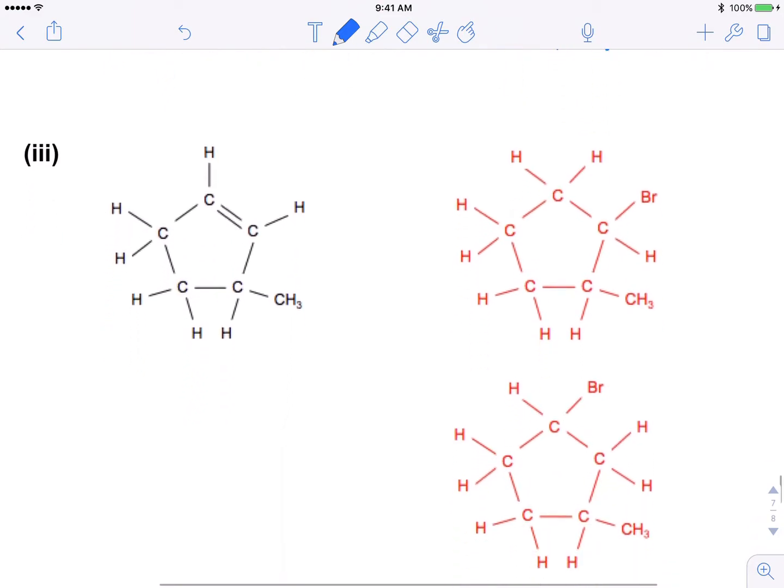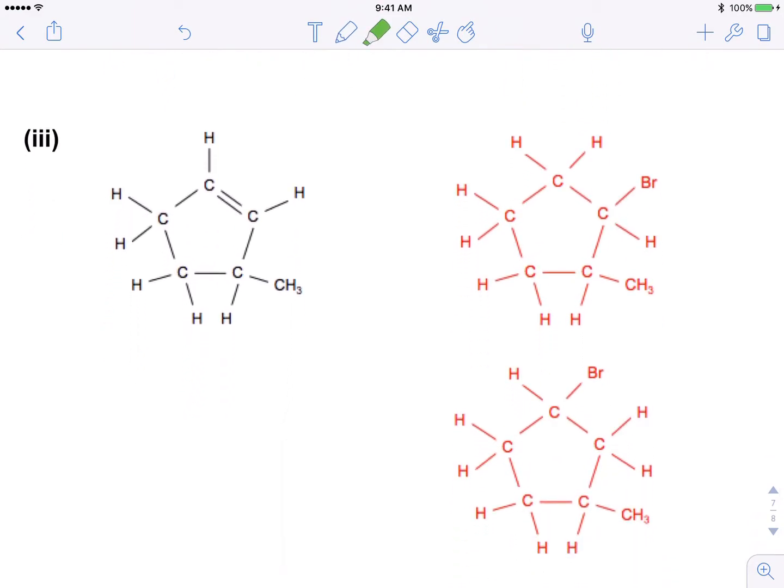Then lastly, over here, we have one H here, across that double bond. On the other side, we also only have one H. Therefore, I can add a H here and a Br here, or I can add a Br here and a H here. Does it give us the same product? After you draw it out, you must check, do they give you the same product? No. Why is that so?